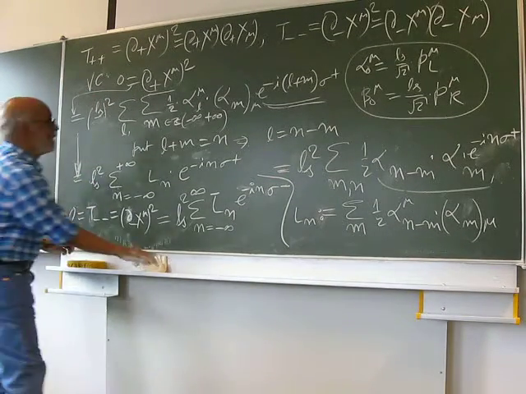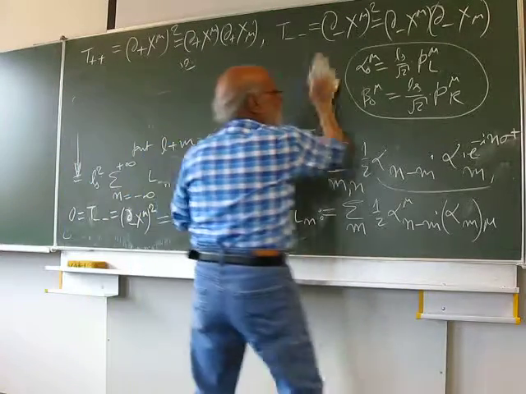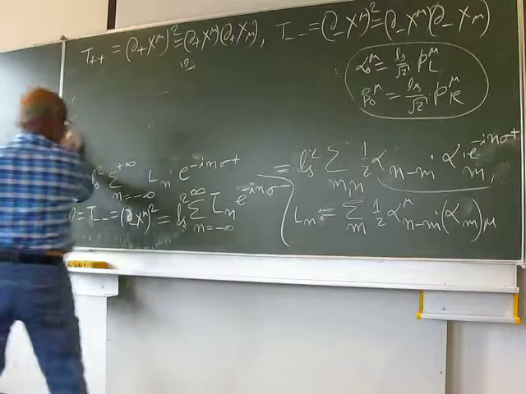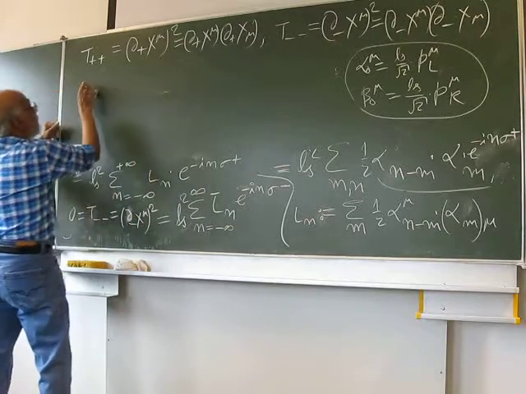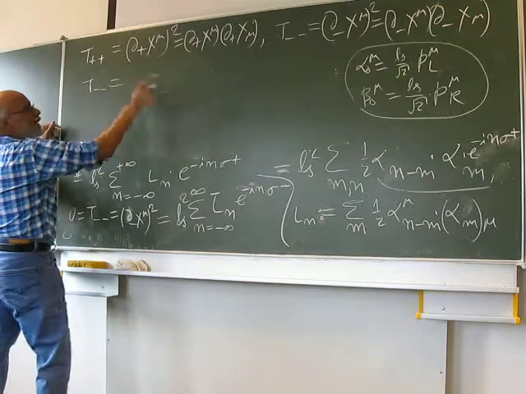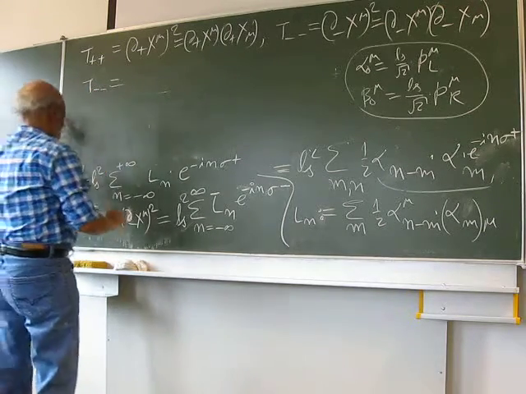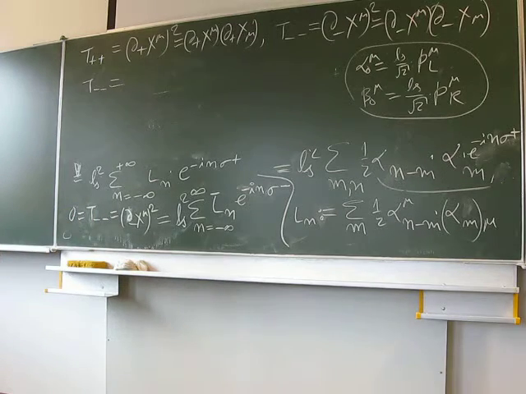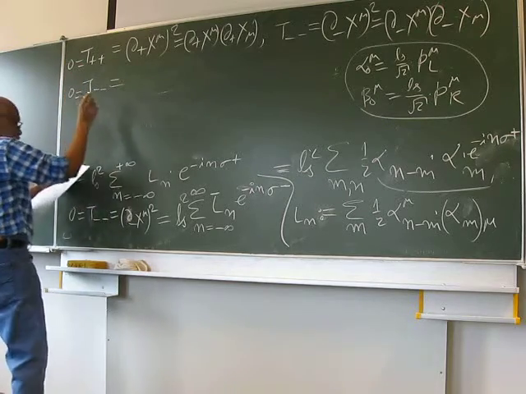Is this fine? Let me write it again here. So my T minus minus as given there is expressed as 0.